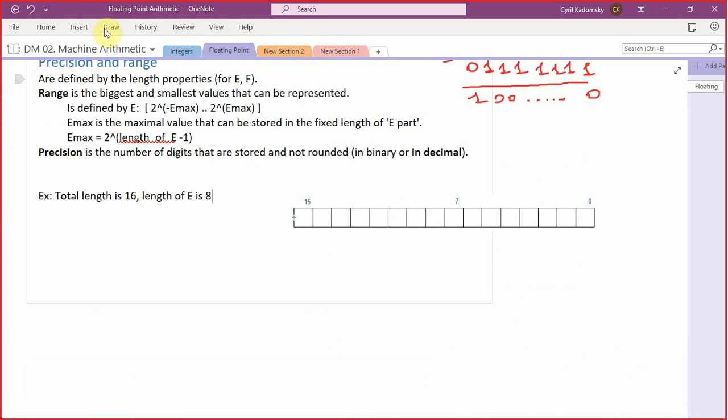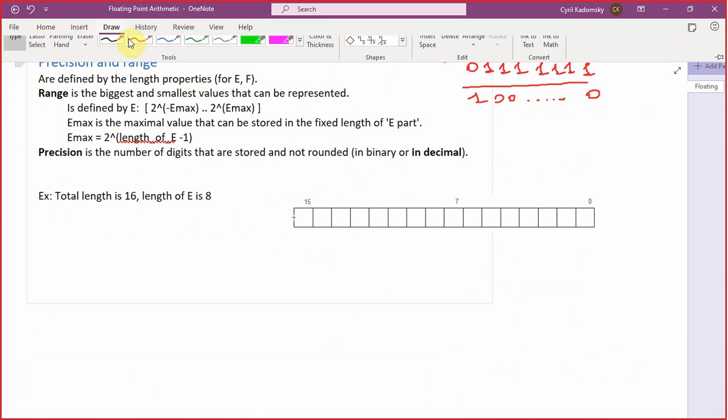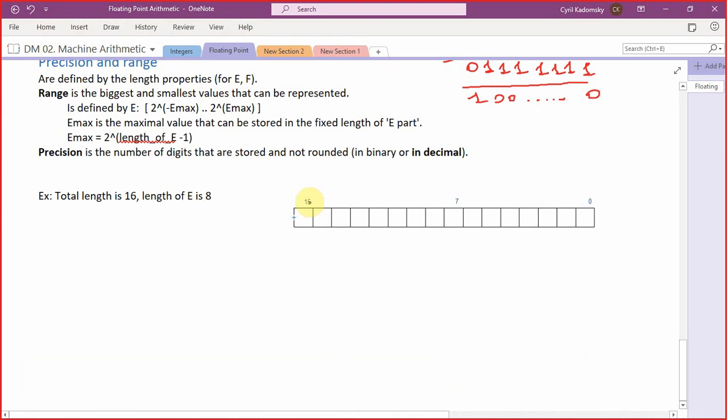We will mark the boundaries here. This bit is reserved for the sign. Here would be 8 bits for the biased exponent as before, and those would be for the fraction, the bits after the point.